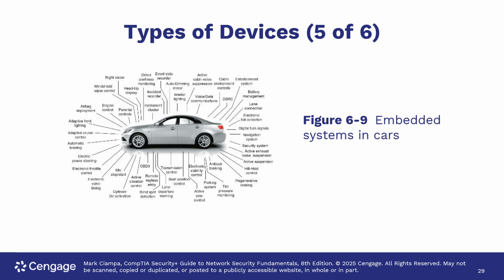So if you look at this, smart cars, and these are the embedded systems in cars, and you can see all of these things: airbags, engine, your night vision, your windshield, heads-up display, driver alertness. You have electric power steering.